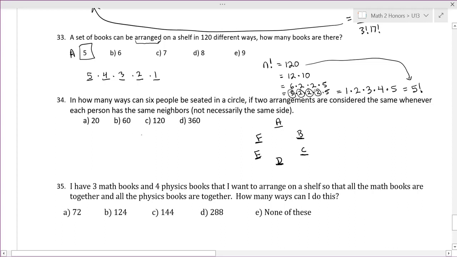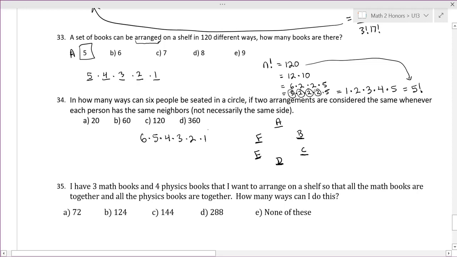Well, 6, right? So we got 6 options for A. And then once I put someone there, how many options for B? Well, 5. How many options in seat C? 4. D is 3. E is 2. And F is 1.